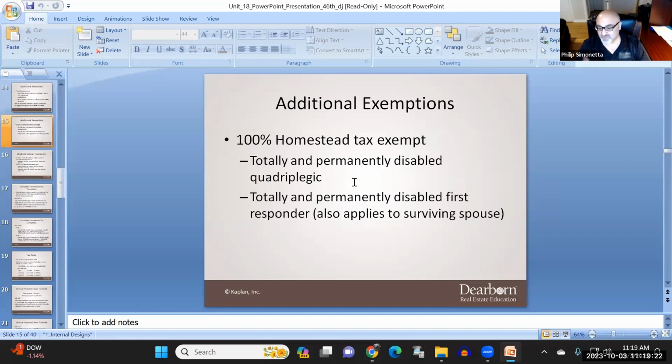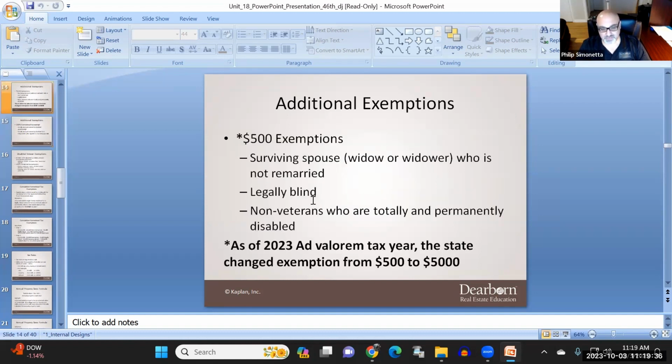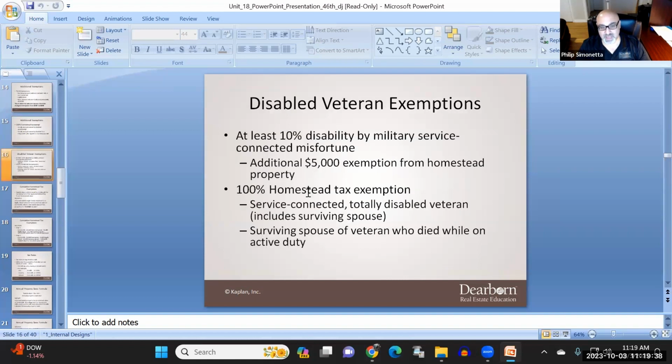If they die and there's a surviving spouse, they do not pay property taxes. They have a homestead exemption if they get this. They're waived. So remember, 5,000 for these, waived for these.